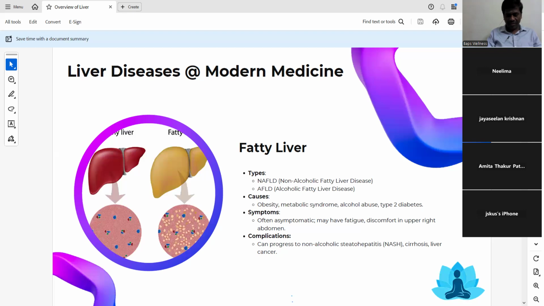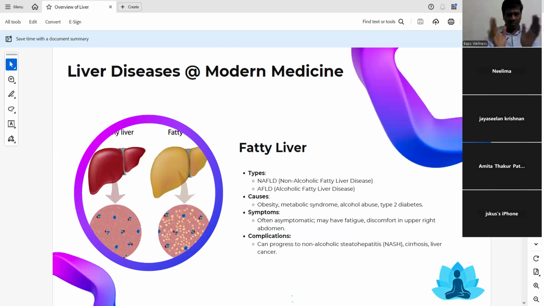As we have seen, the liver is involved in almost 500 chemical, metabolic activities. The fatty liver will interfere in the metabolism, so the risk of metabolic syndromes is increased.